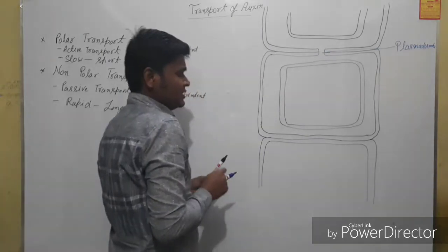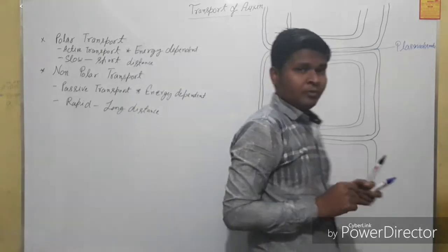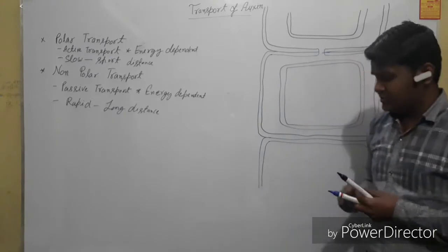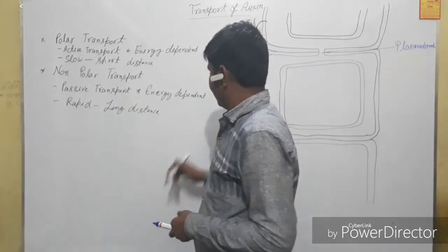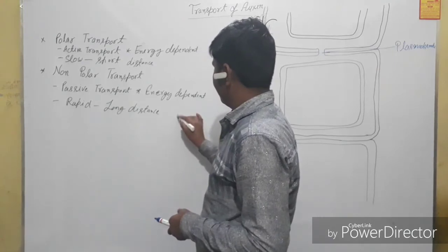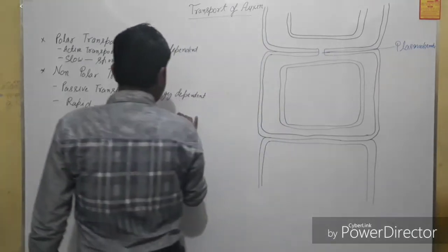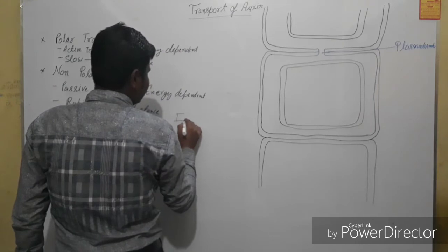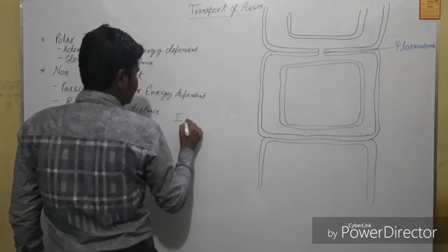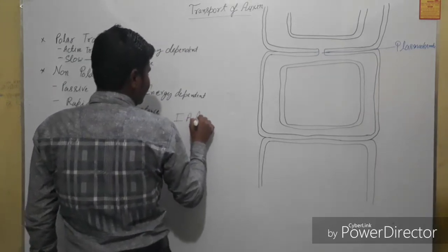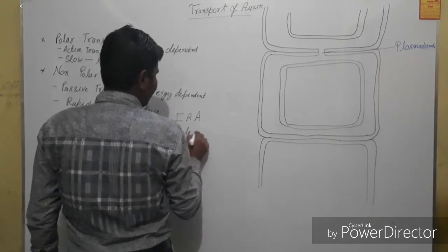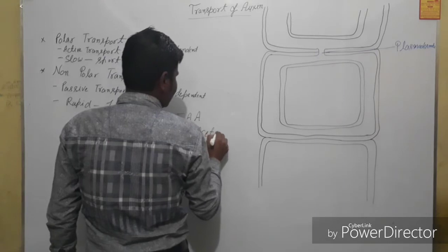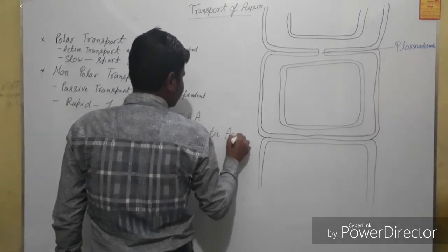Auxin is mostly of two forms. Chemically, auxin is known, as I discussed in the previous lecture also, as IAA, that means indole acetic acid.